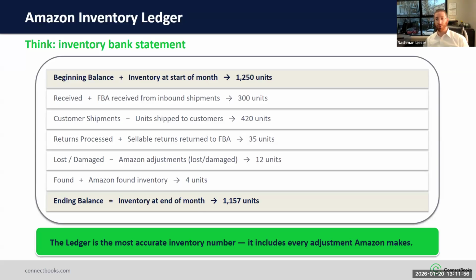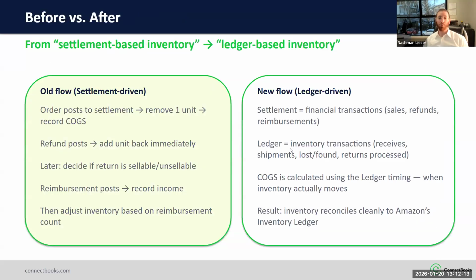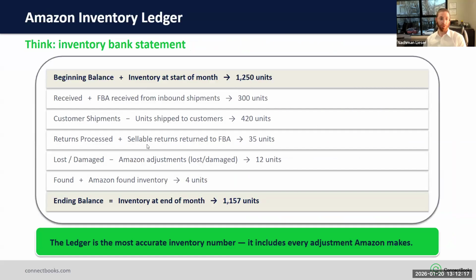Now, what ConnectBooks does is we're now pulling these two reports simultaneously. We're pulling the settlement report, plus we're pulling the ledger report. And what we're doing is like this. In order to determine cost of goods sold, we're going to utilize the ledger report. Let me go back to my previous slide a minute. The ledger report gives us all these inventory transactions, as I showed over here. It's going to give me returns processed, loss, damage, all that.